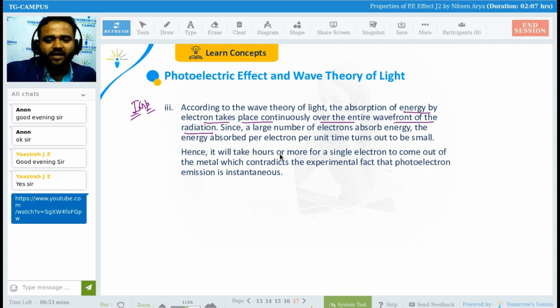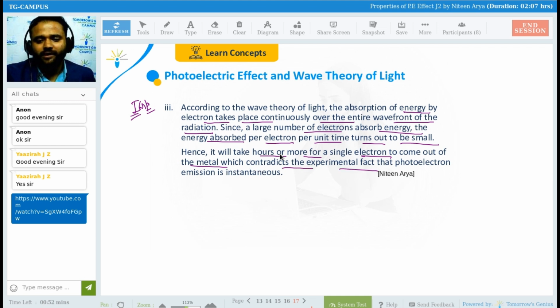As simple as that. Since a large number of electrons absorb energy, the energy absorbed per electron per unit time tends to be very small. Hence, it will take hours or more for a single electron to come out of the metal, which contradicts the experimental fact that the PE effect is instantaneous.